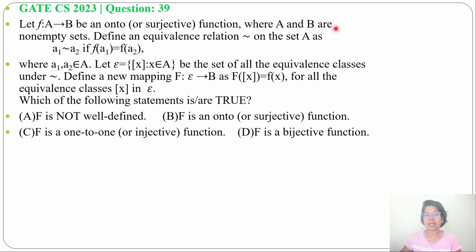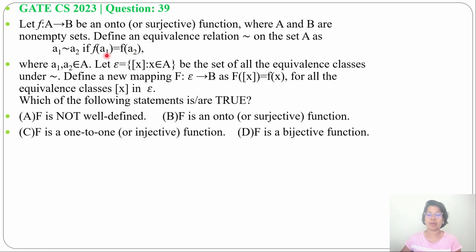Where A and B are nonempty sets, meaning they contain some elements. Define an equivalence relation, this symbol is for equivalence relation, on the set A as A1 is equivalent to A2 if f(A1) equals f(A2).